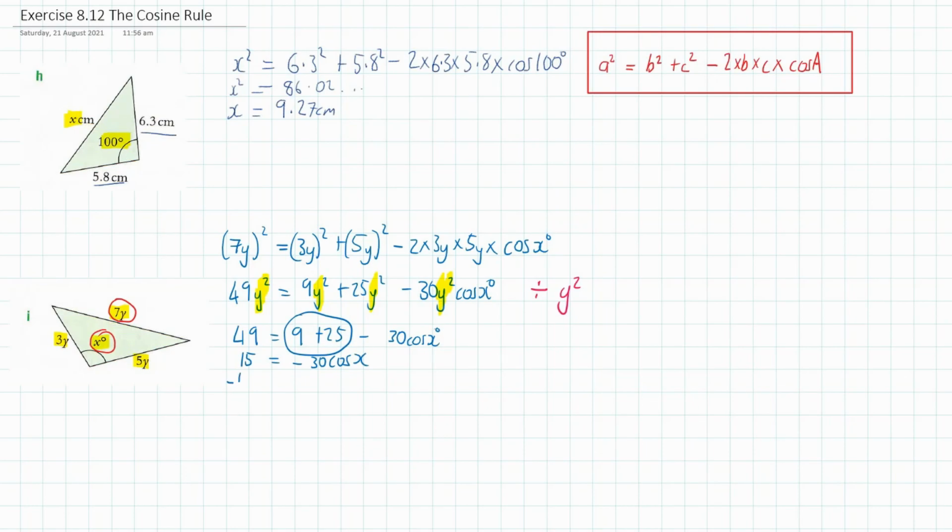So we should get negative 1/2, because 15 over 30 is 1/2. So negative 1/2 is equal to cosine x. And so x is equal to the inverse cosine of negative 1/2. Now, when we do that, I get 120 degrees. And that should be my answer for that one.